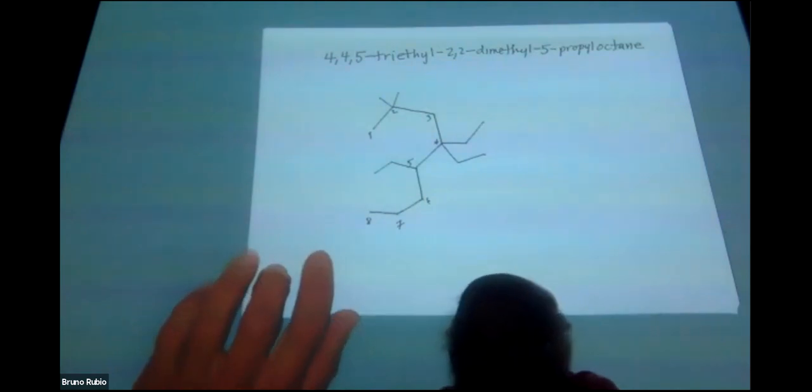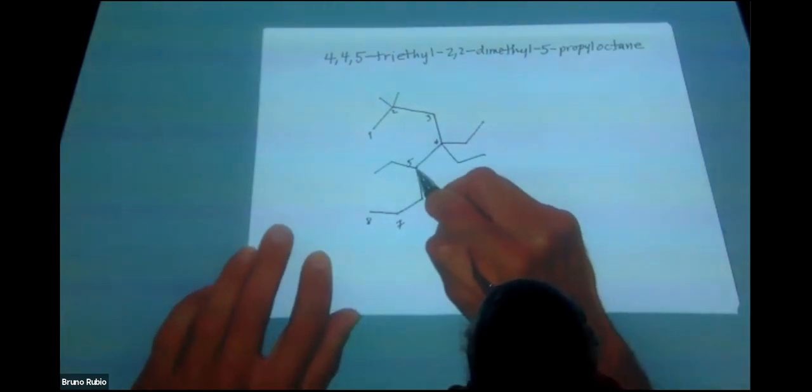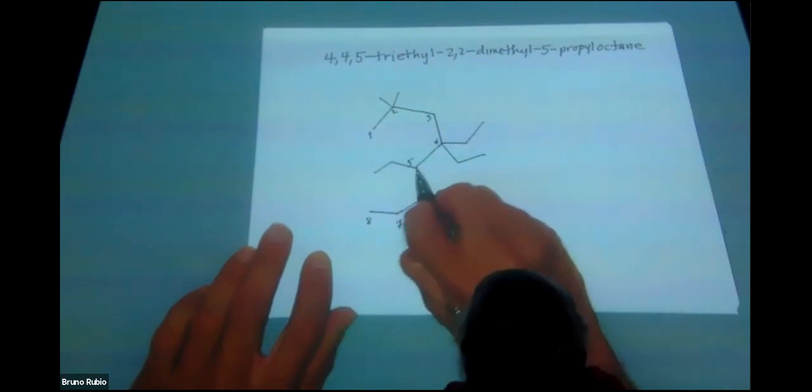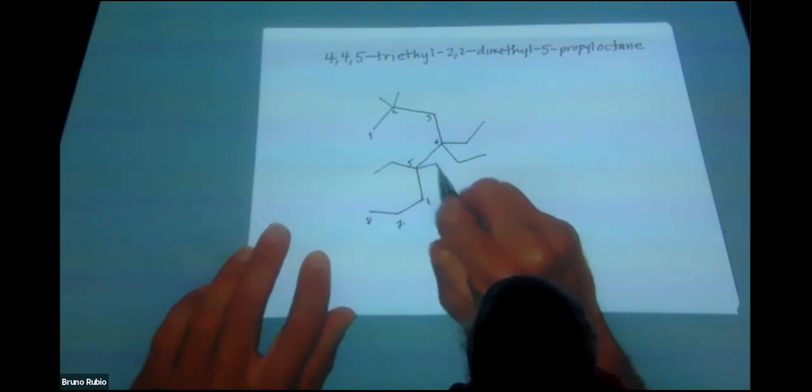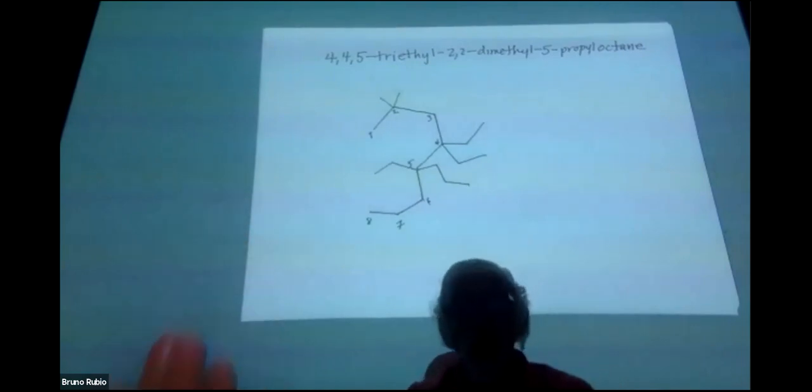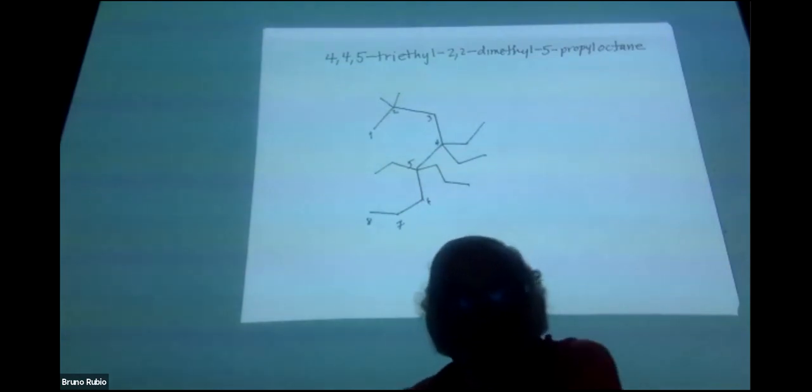And then at carbon 5, I have a propyl substituent. That's going to be a chain of 3 carbons, 1, 2, 3. Okay, so that's a very ugly drawing, but that is 4,4,5 triethyl, 2,2 dimethyl, 5 propyl octane.